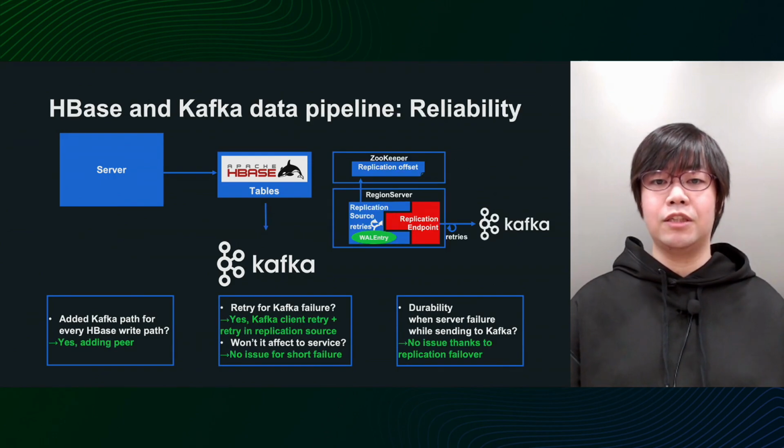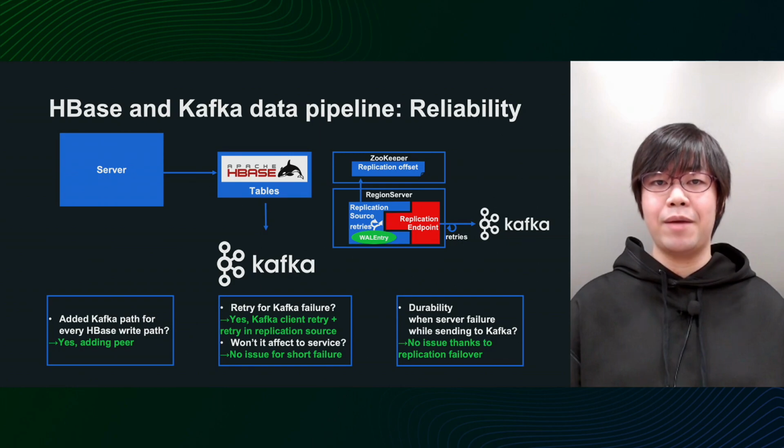On the other hand, our pipeline mechanism easily solves all of these concerns and problems. First, covering all HBase write paths can be achieved by simply setting up peer replication, since the replication source will target all writes of the specified table for processing. Also, the handling of retry against Kafka is very reliable thanks to the Kafka client retry logic as well as that implemented in the replication source.